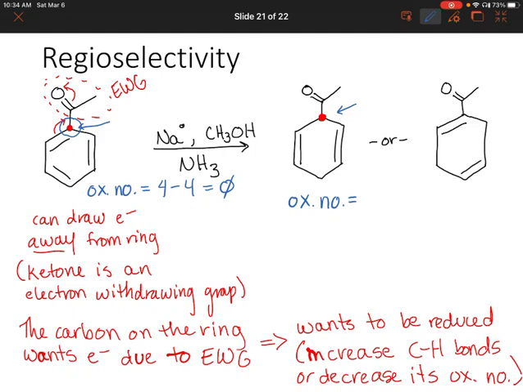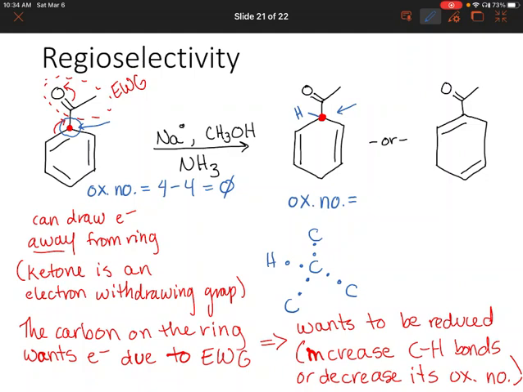Remember, there's a hidden hydrogen there. So let's draw a detailed picture. We've got a bond to carbon up above, a bond to carbon off to the side, a bond to hydrogen, and a bond to another carbon.